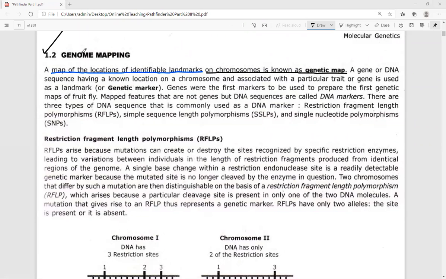So genomic mapping refers to all the different types of maps which are being used to determine the locus of different genes in the chromosome.